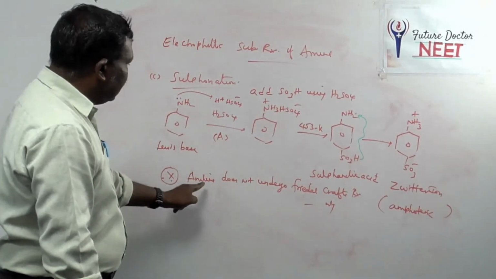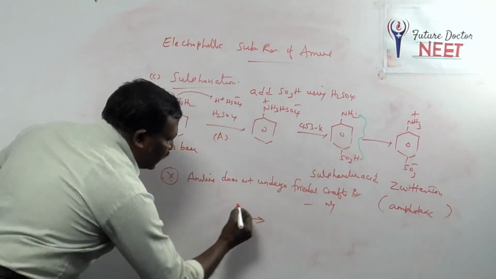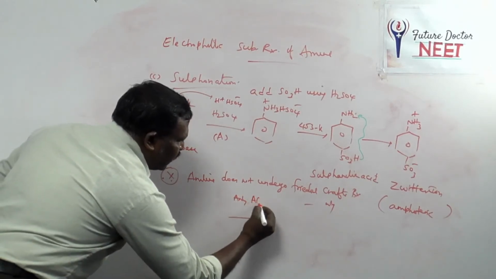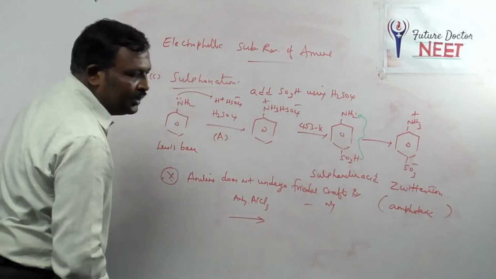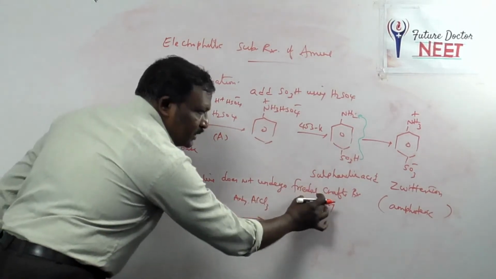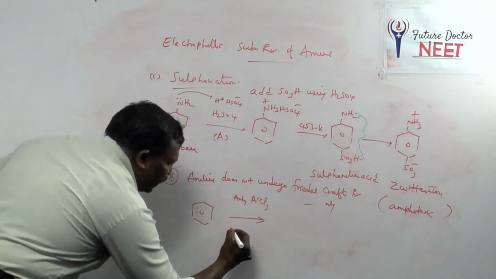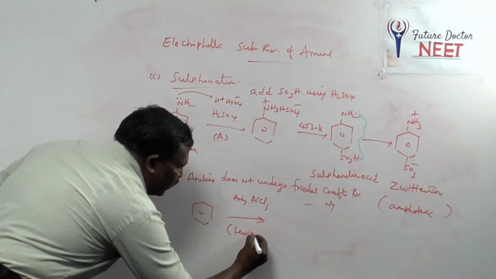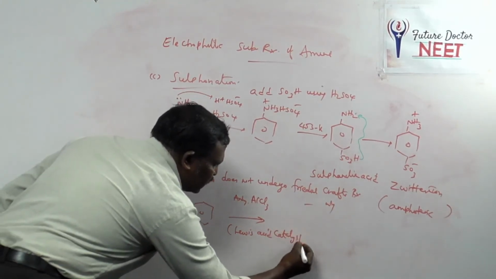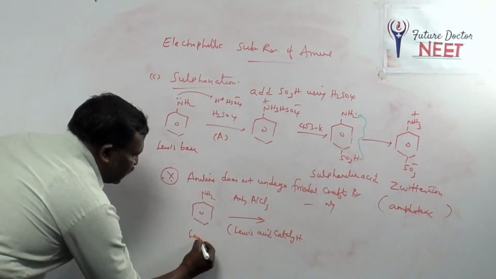See, why aniline does not undergo Friedel-Crafts reaction: in Friedel-Crafts reaction we always use anhydrous aluminum chloride as a catalyst. What kind of catalyst is it? It's called a Lewis acid catalyst. Understood? It's a Lewis acid catalyst. But aniline is what? Aniline is a Lewis base, we know.